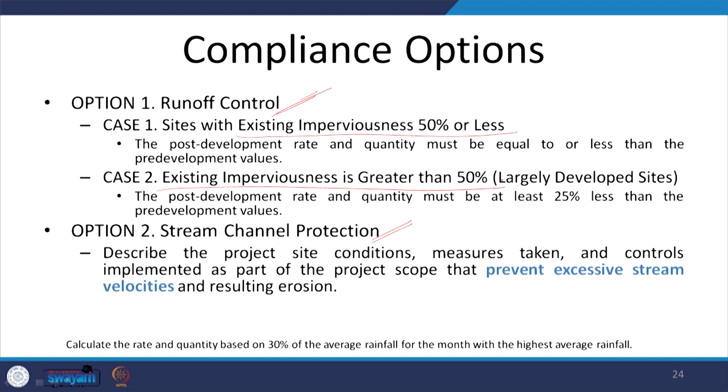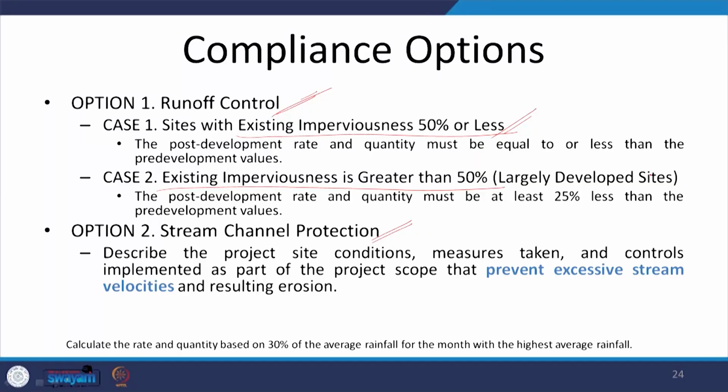Now, the possibility in case 1 is that we would be able to retain the existing pre-development conditions. Post development also, there is a greater possibility of doing so, while in the case of a site which is already developed, it is very difficult. That is why these two cases come up.